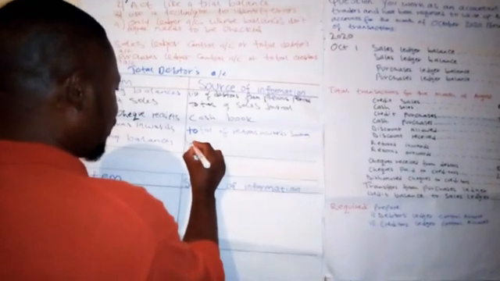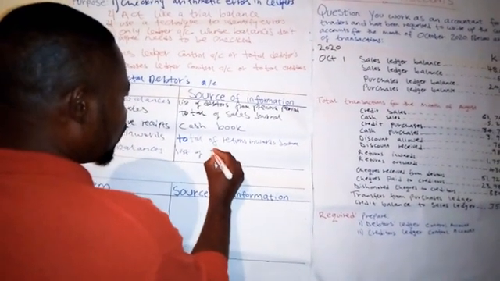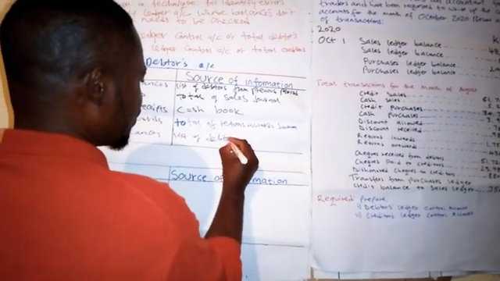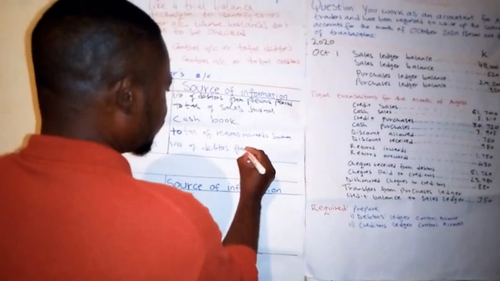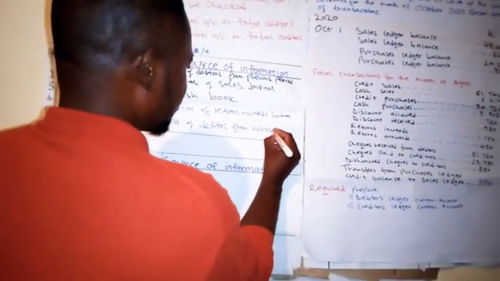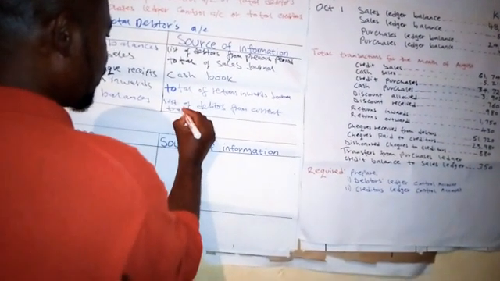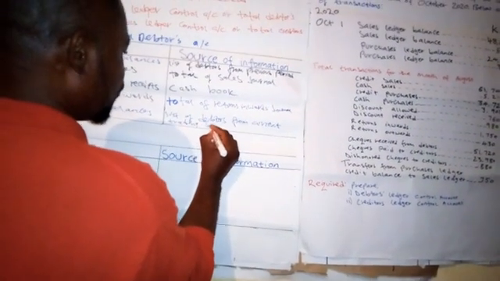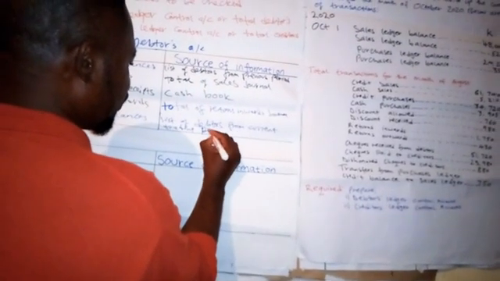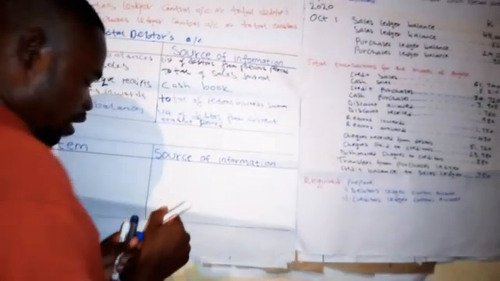Okay, list of debtors from current trading period.